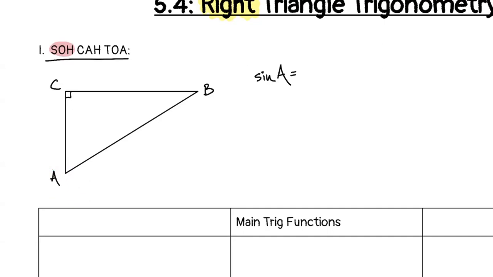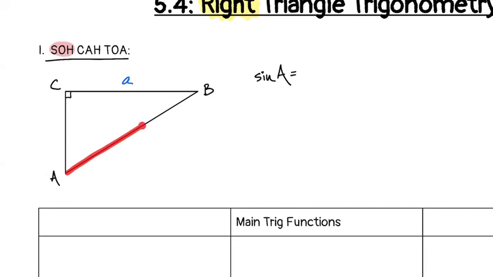Now, one other thing to note is that when we label the sides of a triangle, we actually label them with lowercase letters, okay? And so if I have angle A here, and I go across the triangle, the side that is opposite A, we call little a.